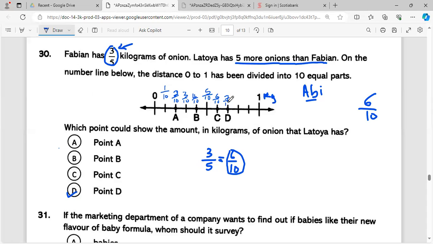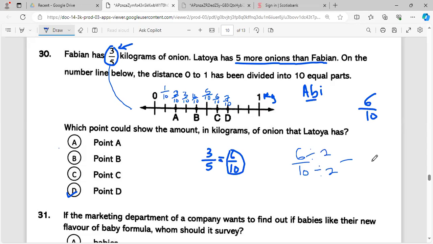So now, they gave us 3/5. Which of these fractions is equivalent to 3/5? Look at 1 over 10, 2 over 10, 3 over 10, 4 over 10, 5 over 10, 6 over 10, 7 over 10. Which of these is equivalent to 3/5? 6 over 10, because if you break down 6/10 in its lowest terms, it would be 3/5. 6 divided by 2, 3.